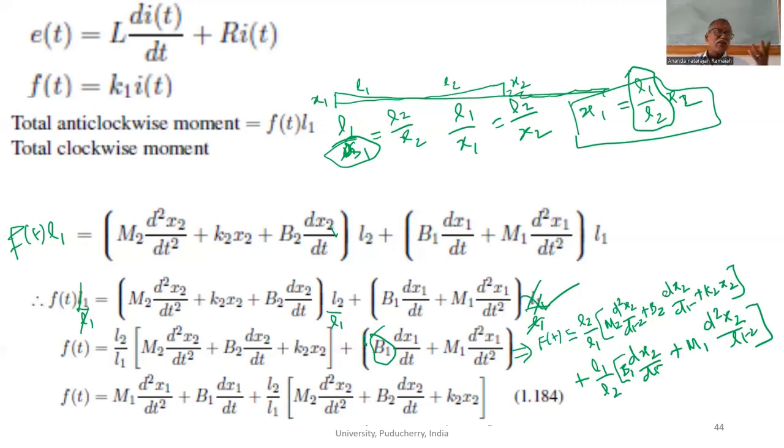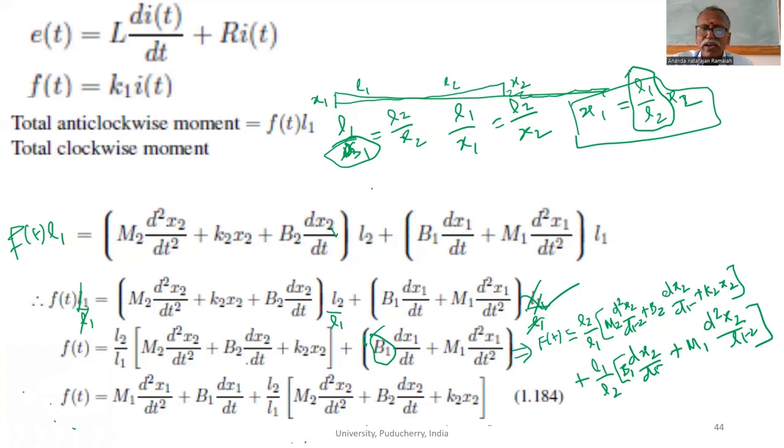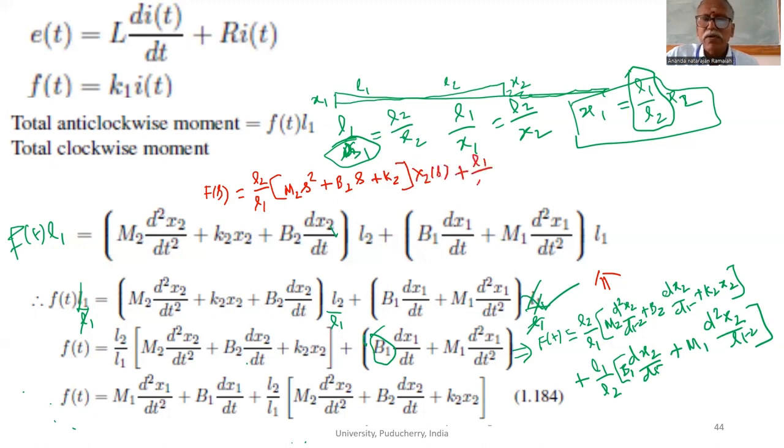Now we can take the Laplace transform assuming zero initial conditions. Taking the Laplace transform on both sides, F of s equal to L2 upon L1 into m2 s square x2 of s plus b2 s x2 of s plus k2 x2 of s, plus L1 upon L2.